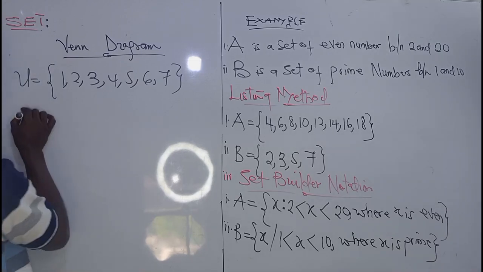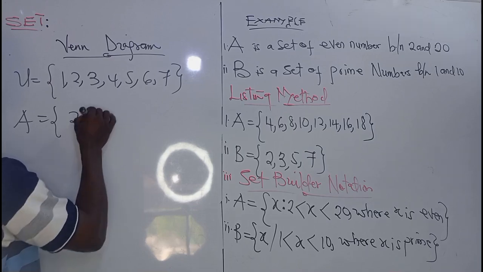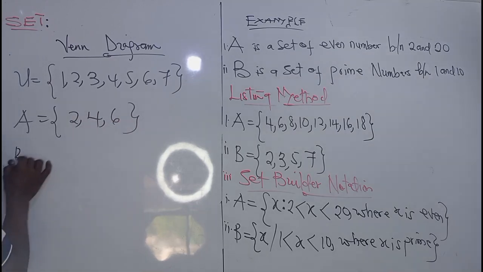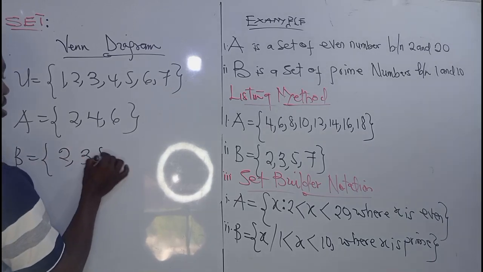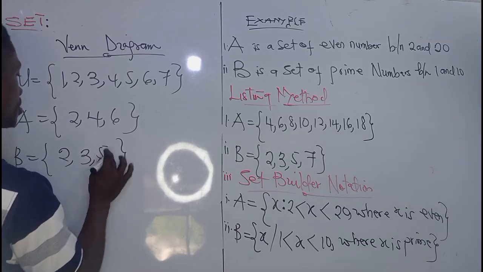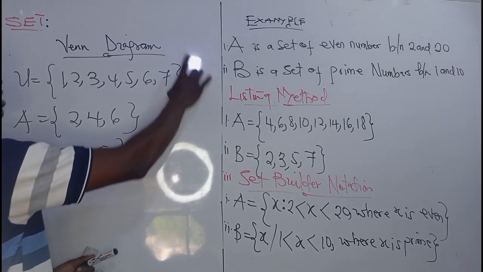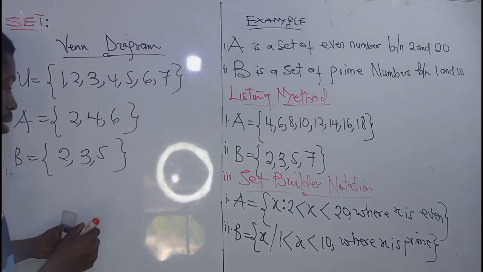Then you have a subset of this universal set, which contains the elements 2, 4, 6, and another subset of the universal set, which contains the elements 2, 3, 5. Now we can use the Venn diagram to represent or describe this set. So this is how we are going to go about it.